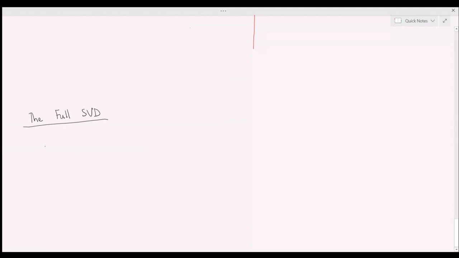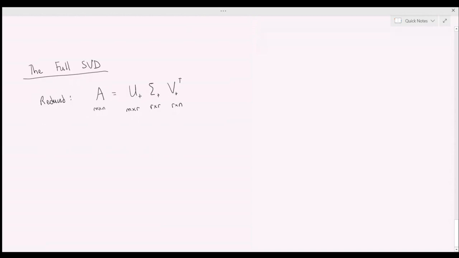Okay, so for the reduced, as we talked about, that's when you factor your matrix A into three matrices. We tried to note it as U plus, sigma plus, and then V plus transpose. And then I noted the sizes of each of these matrices, R being the rank of A. So the full SVD, what that does is it factors a matrix A into a similar product of three matrices.